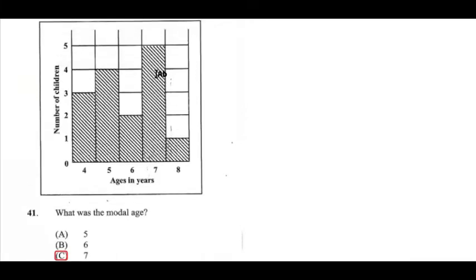42 says how many children took part in the survey. So what you need to do is add the number of children that correspond with each age group. The one that corresponds with 4 is 3, the one that corresponds with 5 is 4 children, the one that corresponds with 6 is 2, the one that corresponds with 7 is 5, and the one that corresponds with 8 is 1.